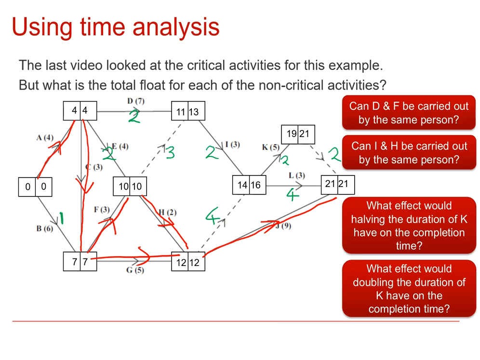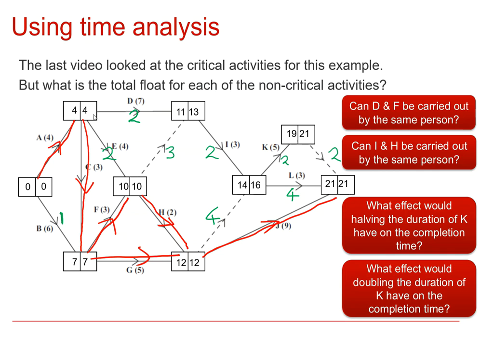So pause the video for a moment and see if you can answer those questions for yourself firstly. Thinking about this first question, can D and F be carried out by the same person? Well, the first thing to spot, I think, is that F is a critical activity. So we know for certain that F starts at 7 and ends at 10. So the question really is, is it possible to schedule activity D, given it's got some float here? We might be able to play around with the scheduling, but can we schedule it so it doesn't overlap with activity F?